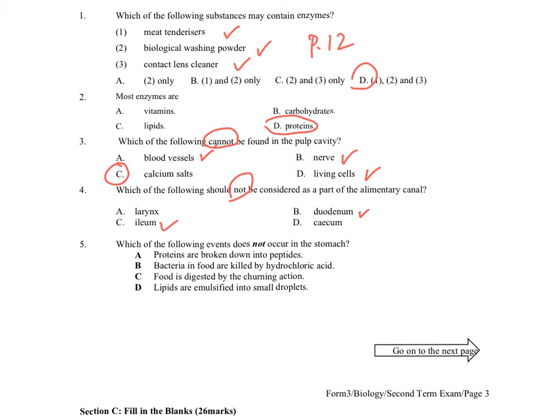Ileum, duodenum, and cecum are part of the alimentary canal, but not larynx. So the answer is A. Again, which of the following events does not occur in the stomach? A, B, and C are the functions of the stomach, and D cannot be found in the stomach.